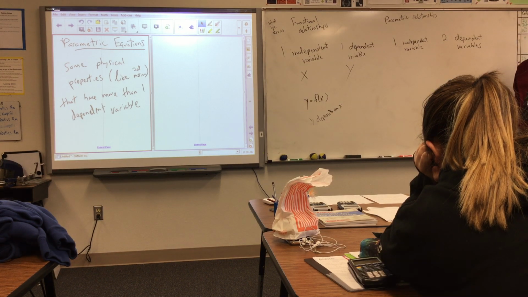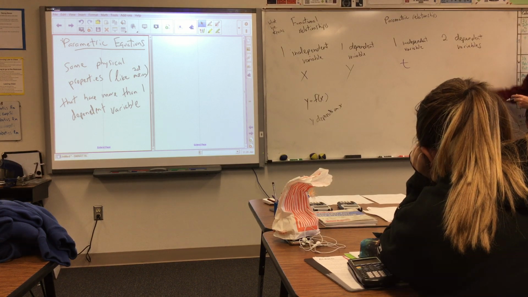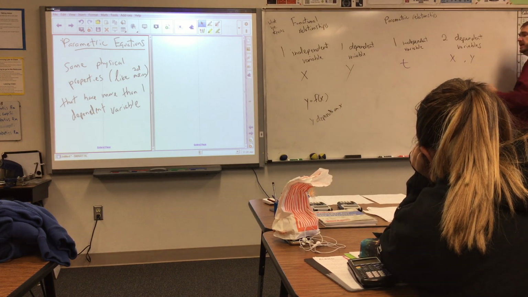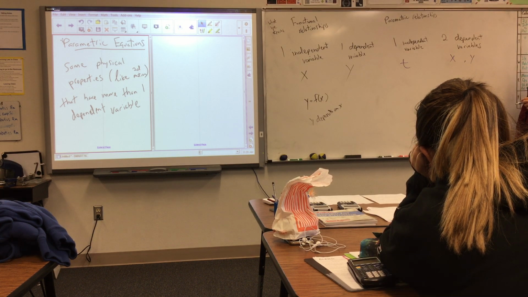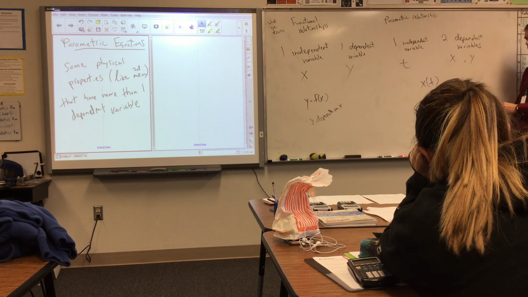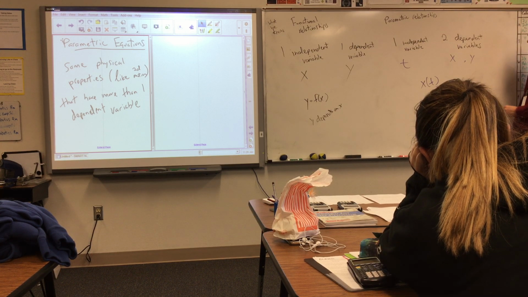Traditionally, we label the independent variable t, and our two dependent variables are x and y. So we have x depends on t, and y depends on t.